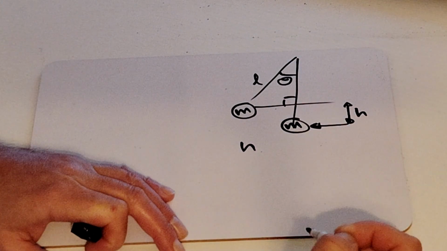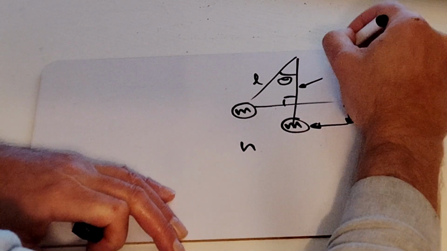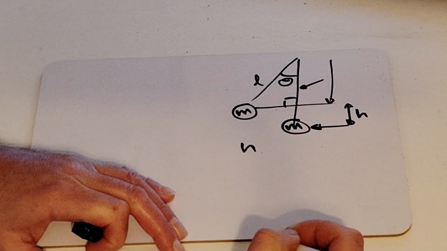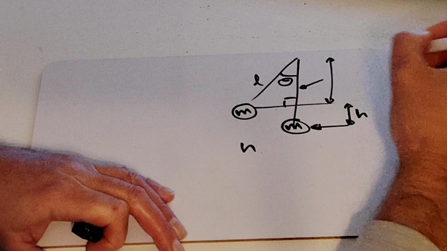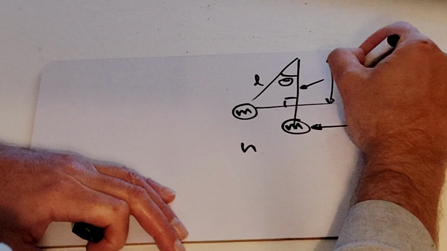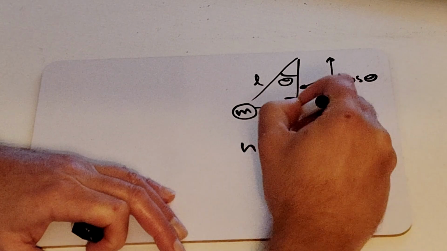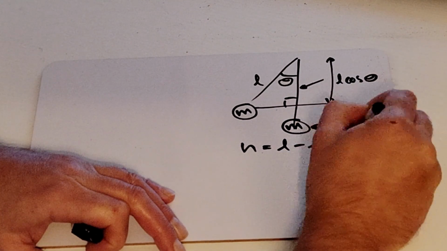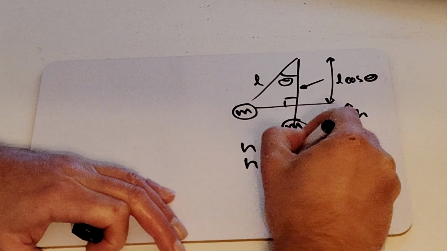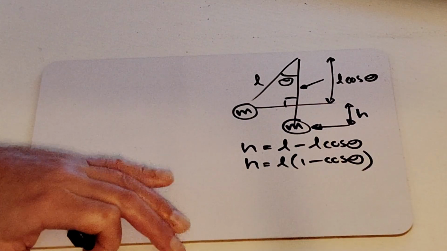Well, we know that that's a right angle, and this distance from the line at which it reaches horizontally to the point at which it's fixed, using simple trig, is L cos theta. So I can get h from subtracting L cos theta from L, so it's L minus L cos theta, and then I can factorise: L(1 minus cos theta). So there's our value of h.